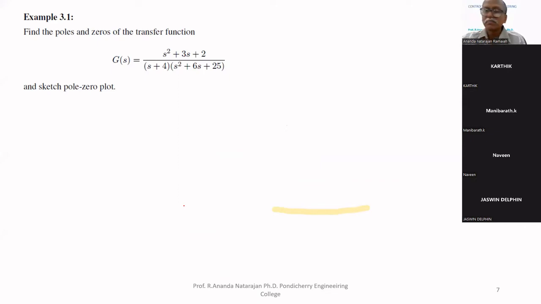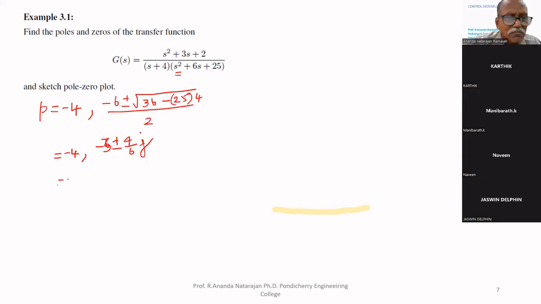Find the poles. One pole is -4. Then the other poles are given by -b plus or minus the square root of b squared minus 4AC, divided by 2A, which gives -3 plus or minus 4j.